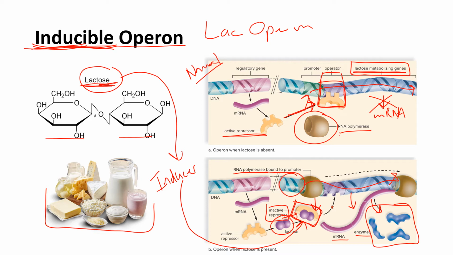An inducible operon normally does not have gene expression. So those enzymes are not being expressed because there is an active repressor which is bound to the operator. But if an inducer is present, and in this case with the lac operon, it's the lactose itself, if there is an inducer, the inducer will bind to that repressor.